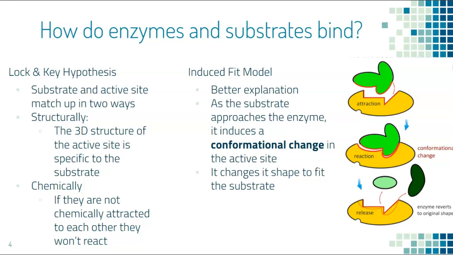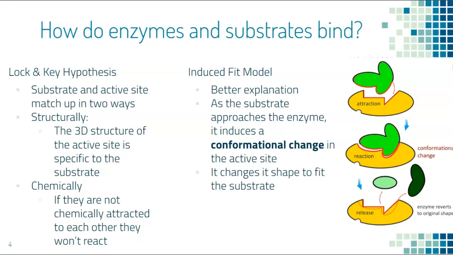So structurally, the 3D structure of the active site is specific to the substrate. That's what we talked about on the previous slide, where it would have to be perfectly aligned, like you couldn't fit a star in a circle shape, right? Those don't match up. And chemically, if they're not chemically attracted to each other, they won't react with each other. So they need to be both attracted and structurally look the same. Okay, lock and key, right? There's a specific key to every lock.